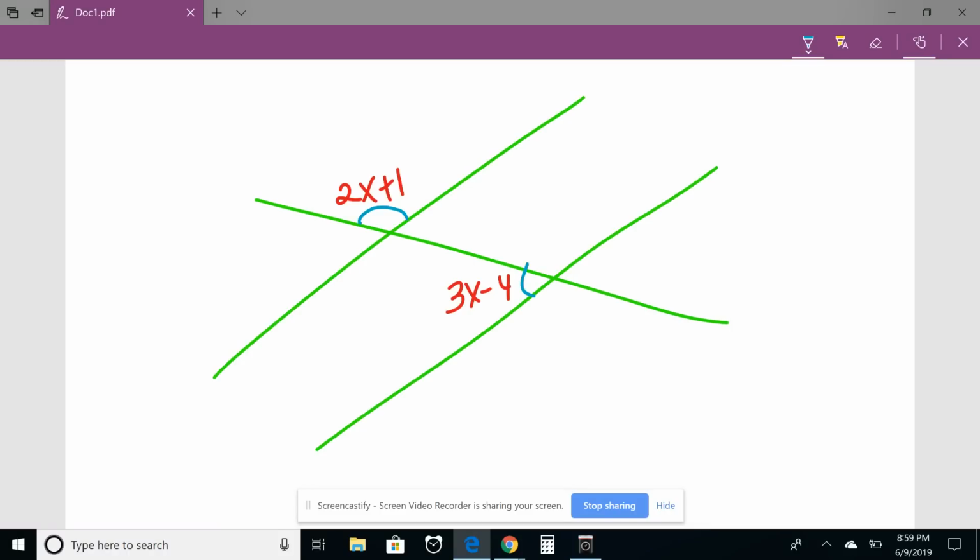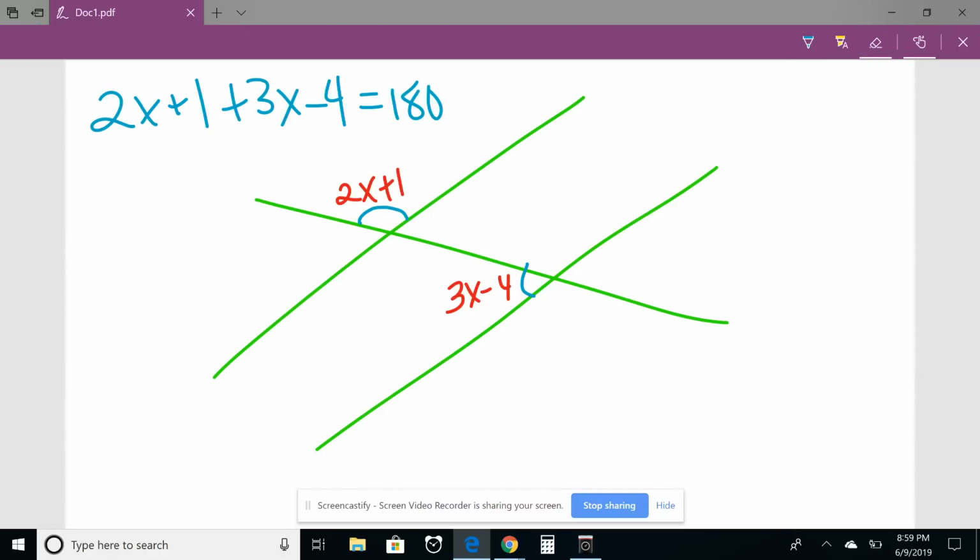The 3x minus 4 angle is acute. So they're not going to be the same measure. In this case, whenever they're not the same shape, they're going to be supplementary, meaning that you add them to equal 180. So again, obtuse, acute, add them to equal 180 when you have two parallel lines cut by a transversal.